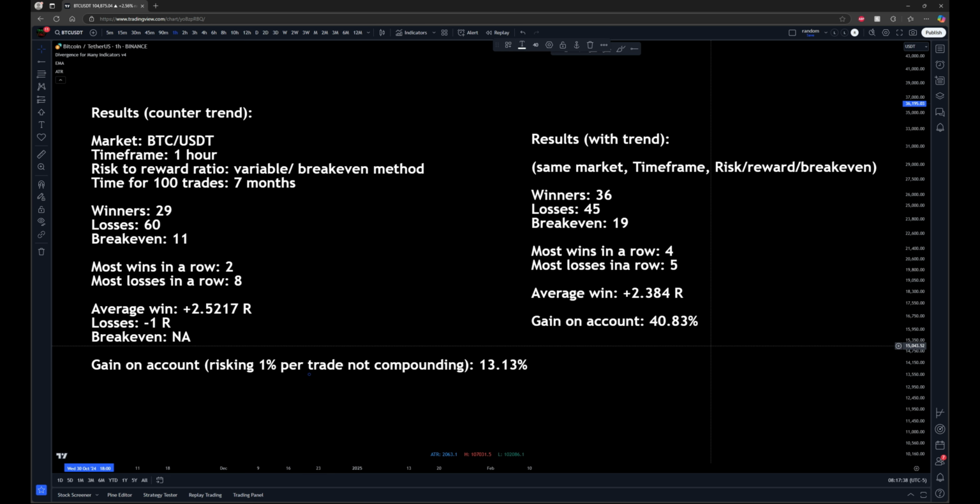So that is kind of just the proof in what I've always been saying about divergence, where we don't want to go counter trend. It's going to give us maybe a little pullback, maybe some sideways, but most of the time that's all it's going to be. Most of the time the trend will continue.